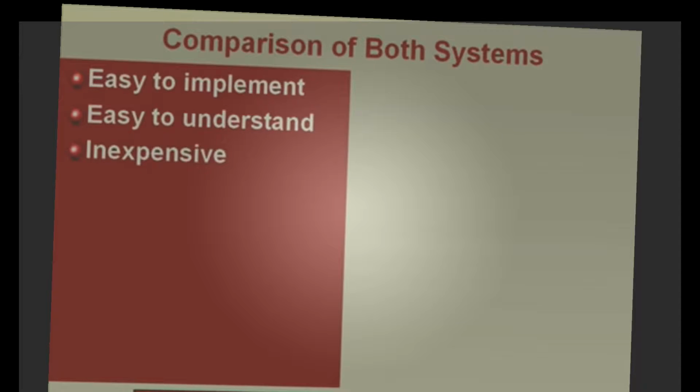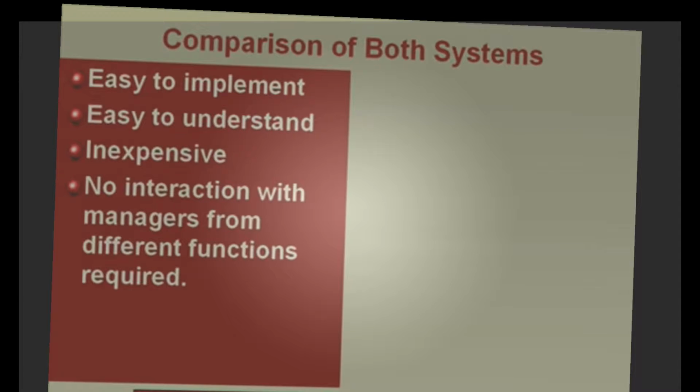It doesn't cost much to implement. Best of all for the accountant, they don't really need to interact with managers from different functions. No interaction required. So the accountant could stay in his or her booth and just come up with the system.